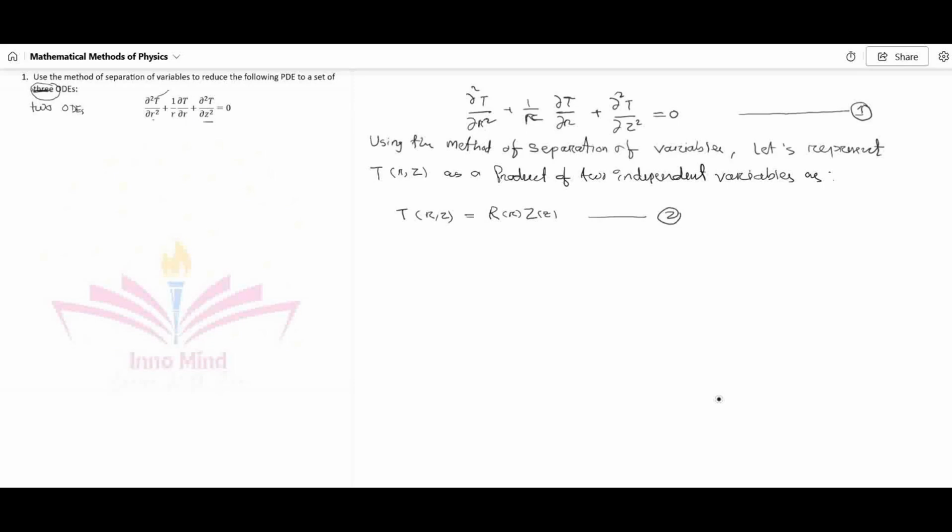Okay, now what to do? Now we have to partially differentiate T with respect to r and z separately. Okay, so let us do that.